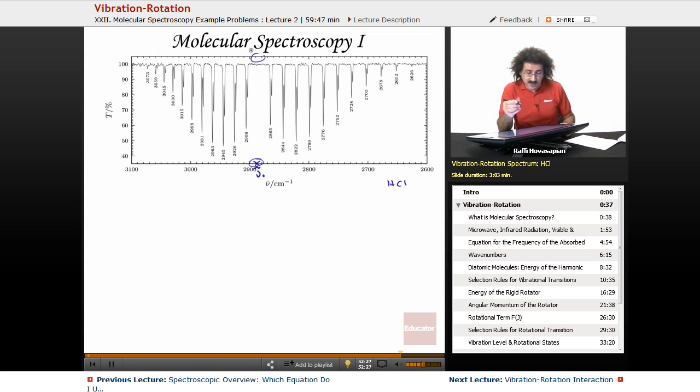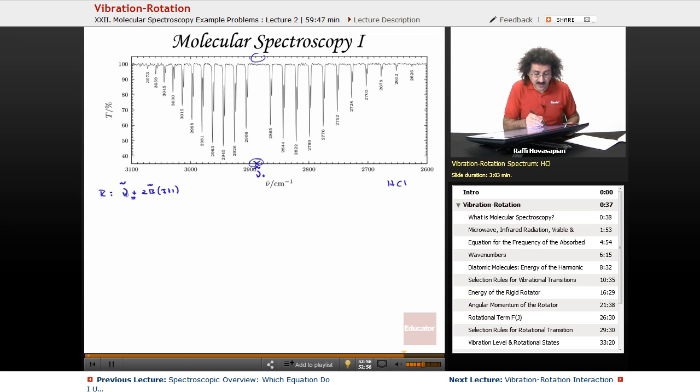Now, the R branch, I'll just write it down, is equal to nu 0 plus 2b times (J plus 1). Notice it's where the absorption frequency is increasing from the fundamental frequency.